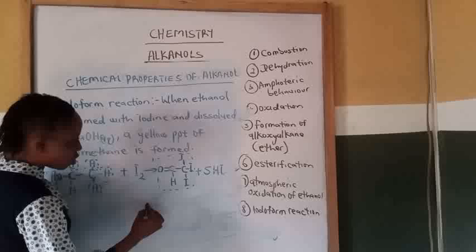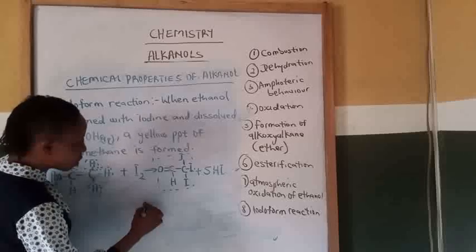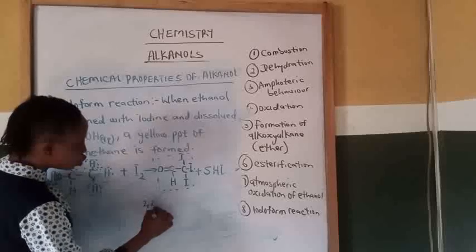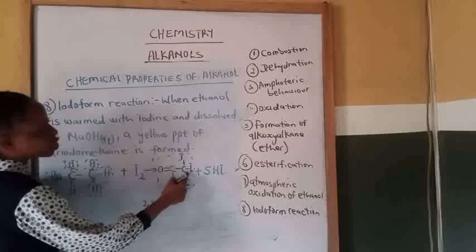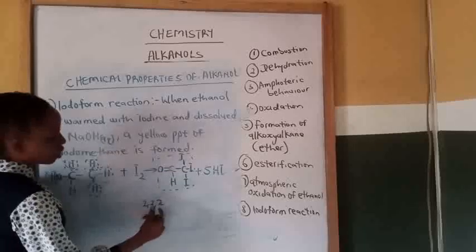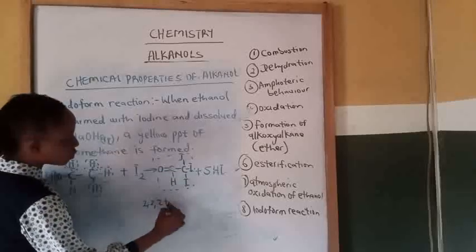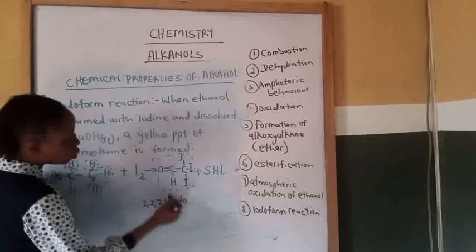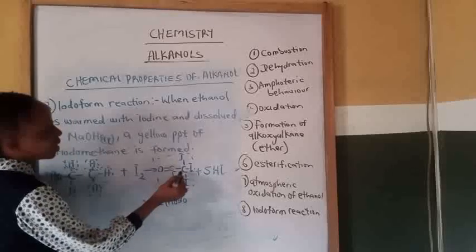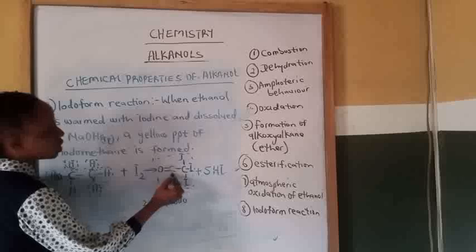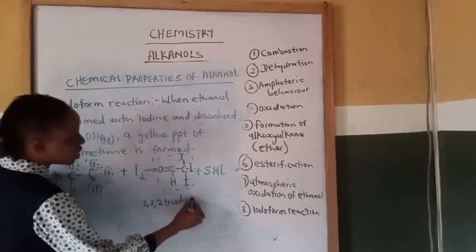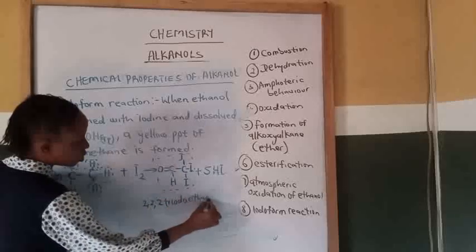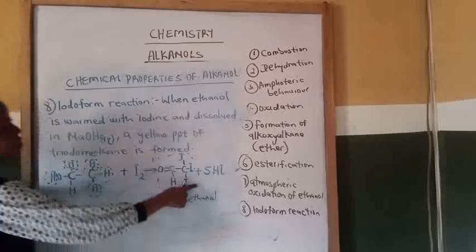So we are going to say 2, 2, 2, because the 3 iodine atoms are attached to the second carbon atom. Then triiodo. Then an alkanol with 2 carbon atoms is called what? Ethanol.